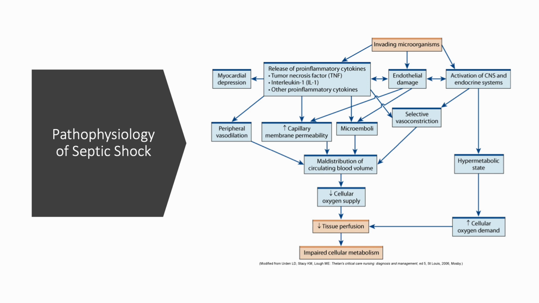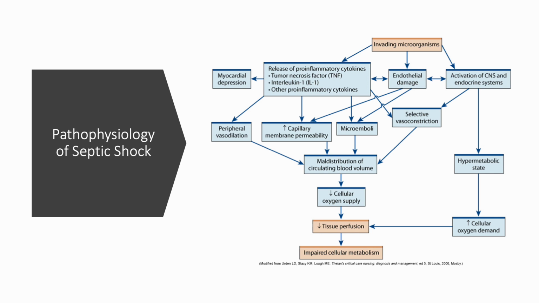This then leads to increased capillary permeability, allowing fluids to leak into tissues, contributing to peripheral vasodilation and maldistribution of blood volume. The microemboli form due to damage, which then further impairs circulation.